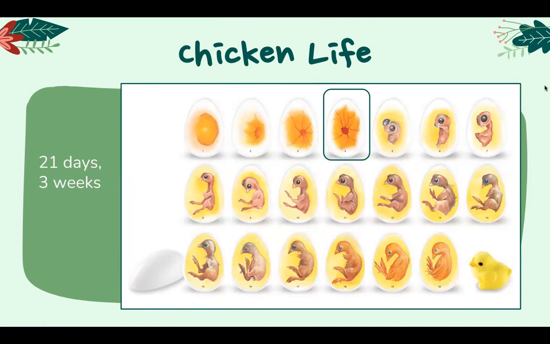So next up is a wonderful view of the 21 days of our chickens growing in these eggs. And you might have also noticed that we put out our little plastic eggs here in the IDC as well, so that you can open up our little plastic model eggs and look to see what the chicken looks like on that first day.